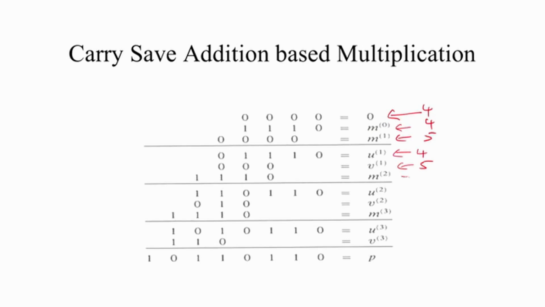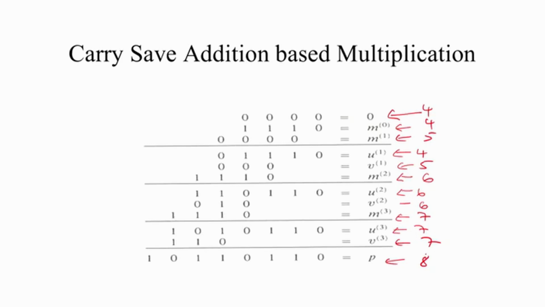Now to this 4 bit and 5 bit I add another number M2, which is 6 bits. So I get a 6 bit number and another 6 bit number, to which I add another number which is 7 bits. So I get 2 7 bit numbers, which basically leads to 8. So this is a sequential way of doing this addition, right.